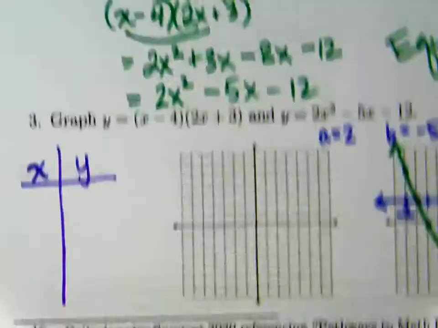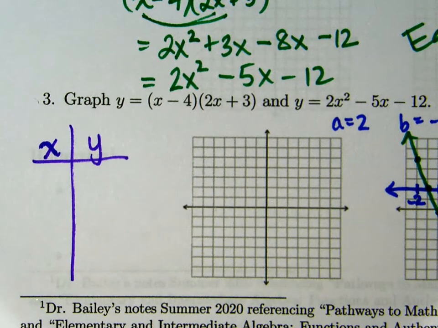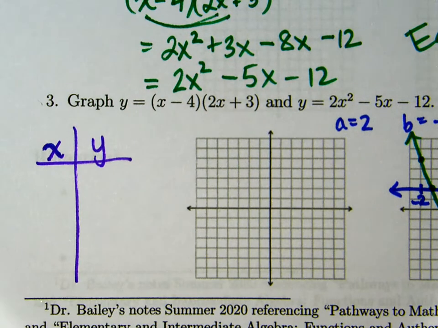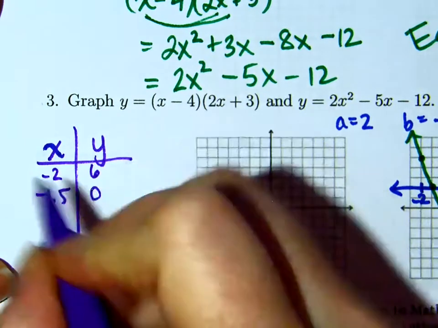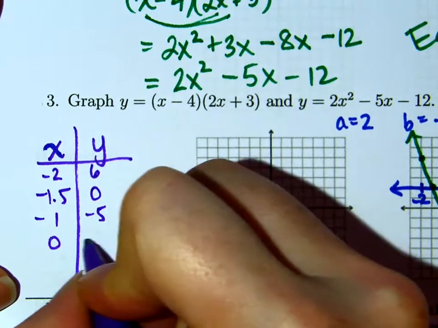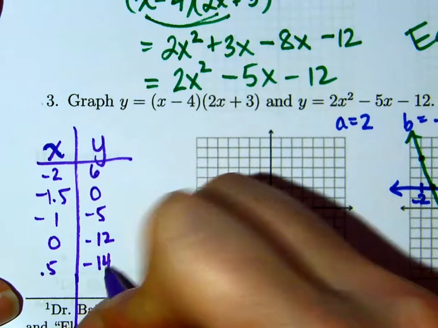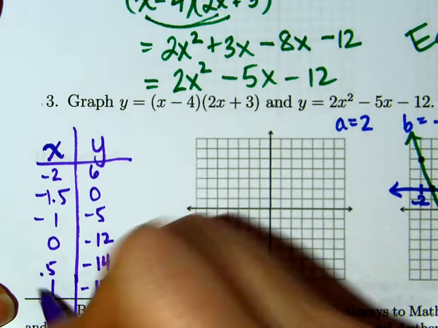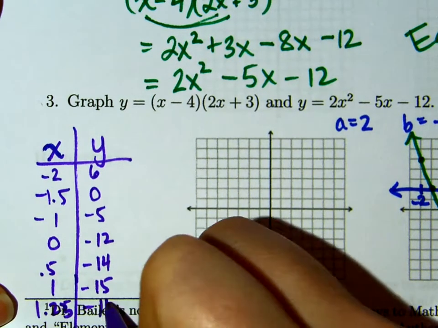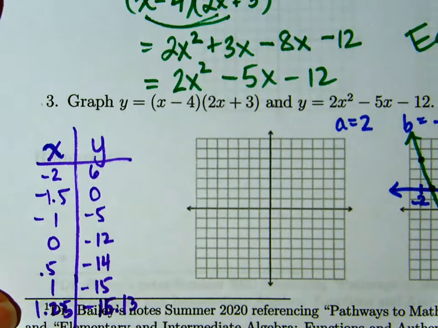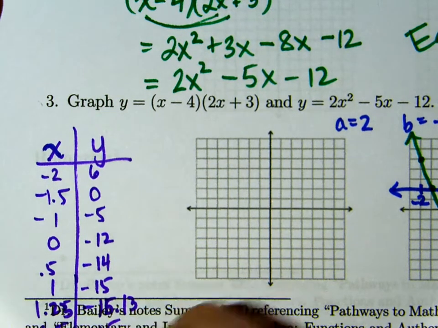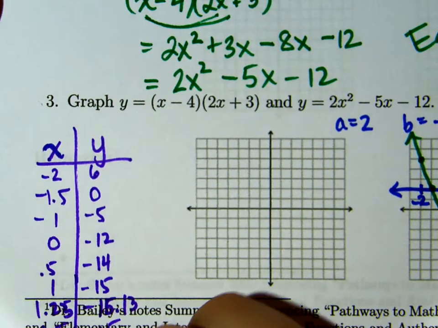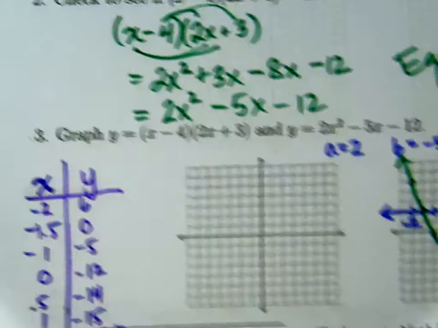Okay, so in terms of the table of values here, it is exactly the same. Same. I copied the table of values.